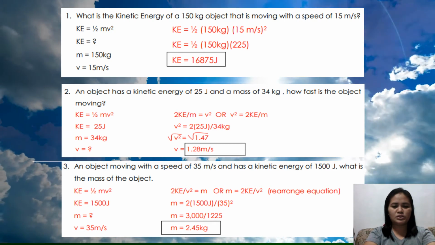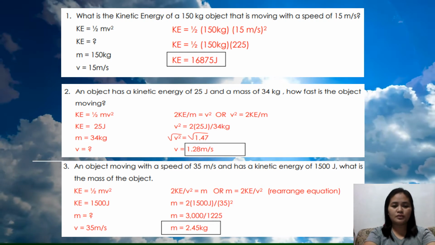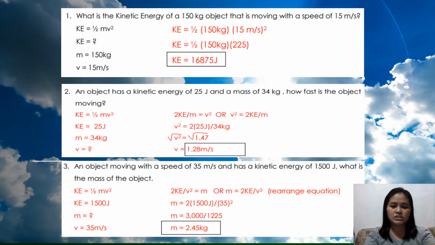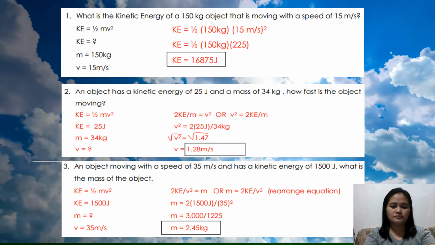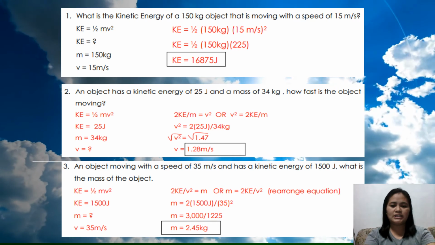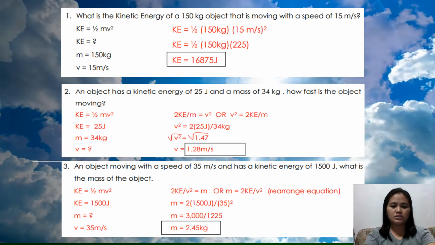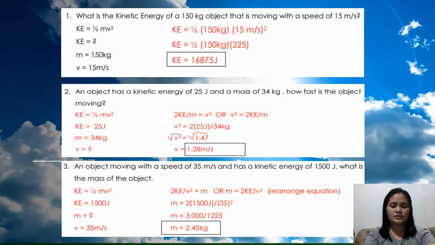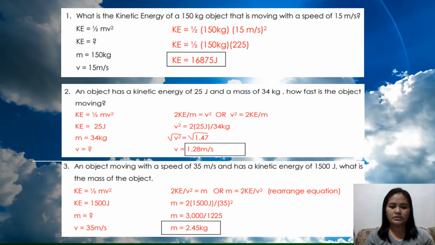Sa number 3 naman, you will solve for mass. An object moving with a speed of 35 meter per second and has a kinetic energy of 1,500 joules. What is the mass of the object? Mass naman ano? What is the formula for mass? Balikan niyo yung kanina. 2KE over v squared. That is your mass, or 2 times your kinetic energy, which is 1,500 joules, divided by 35 squared.